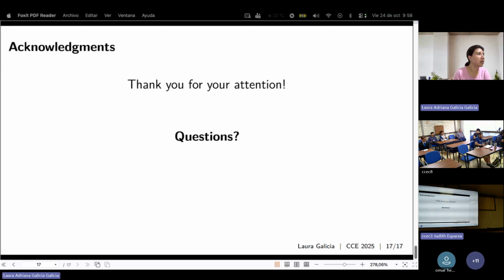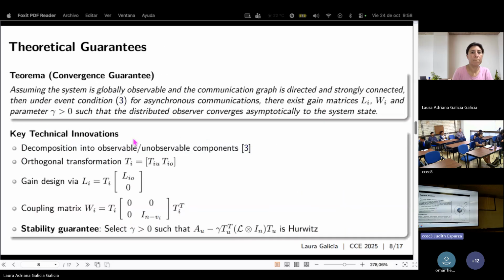But what I was missing is, because you are just focused on the observer design, but the error comes, I don't know, from the regulation problem or a tracking problem, or as in this example that you mentioned, a sort of synchronization or formation. How do you decide the threshold that is acceptable for the system to trigger this observer condition?